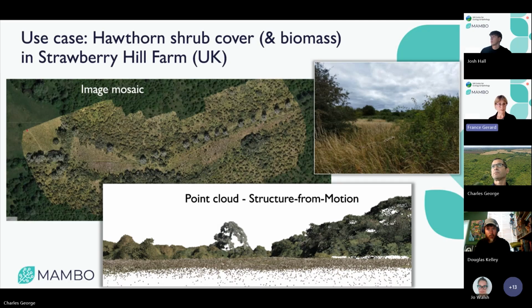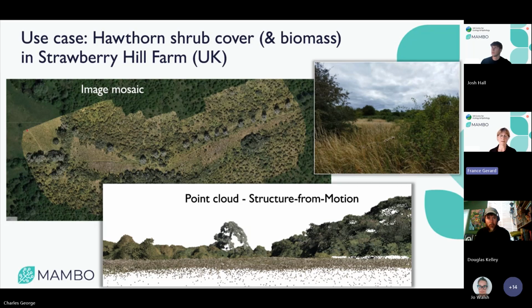Okay, so our use case is mapping hawthorn shrubs, and once we've mapped the shrubs, deriving biomass from that, and that was at Strawberry Hill Farm in the UK. This is a farm that was abandoned about 25 years ago, so it's a natural rewilding site, and it's mainly shrubs. In certain areas it's quite densely covered with shrubs, and in some areas it's still quite open.